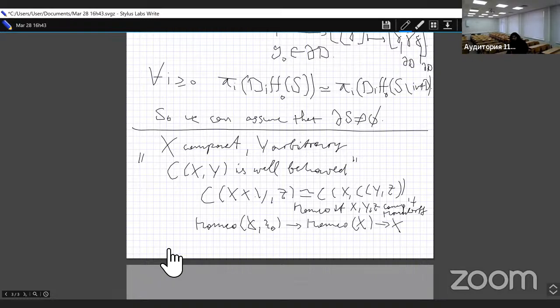If X is compact Hausdorff, then the sequence is a genuine fiber bundle.